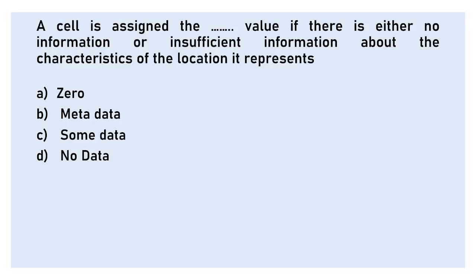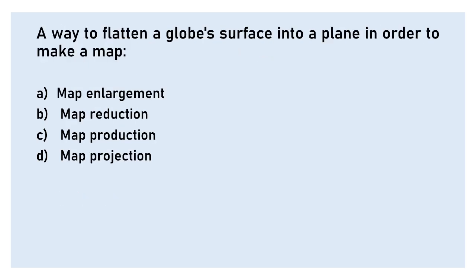A cell is assigned the dash value if there is either no information or insufficient information about the characteristic of the location it represents. So if no information is there, how is it represented? It is represented by no data.